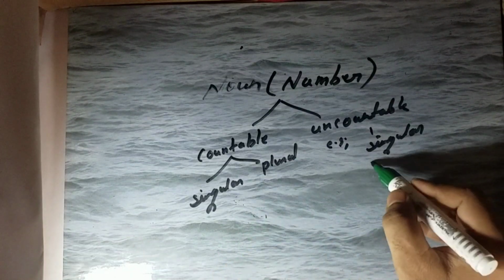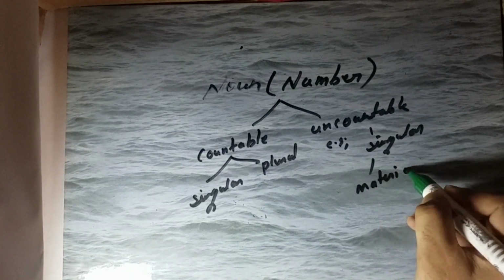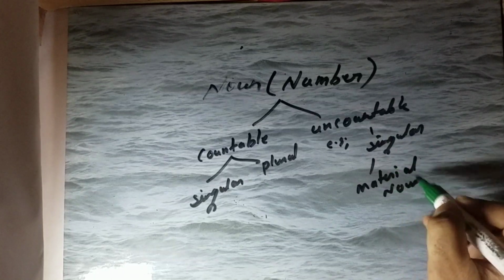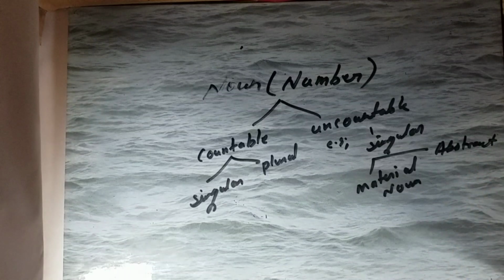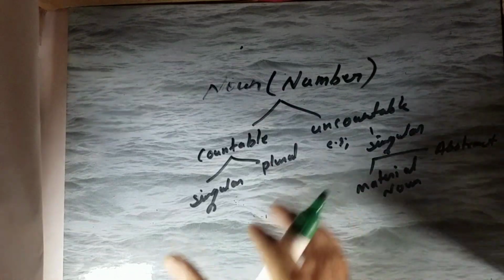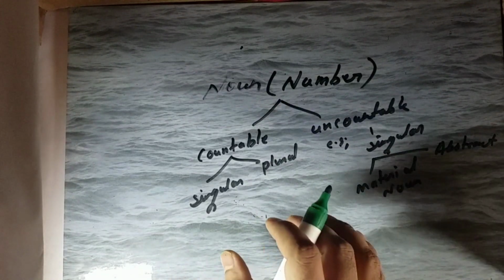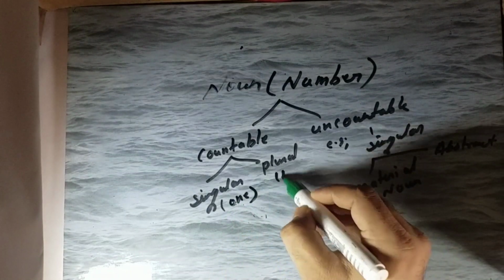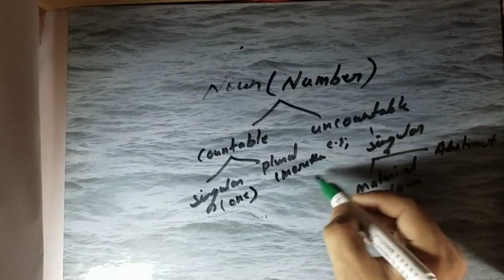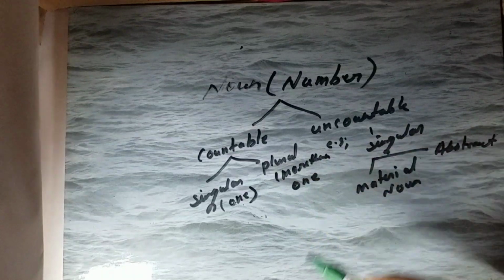So material nouns and abstract nouns are known as uncountable nouns. Countable nouns means singular and plural. Singular means one, and plural means more than one.